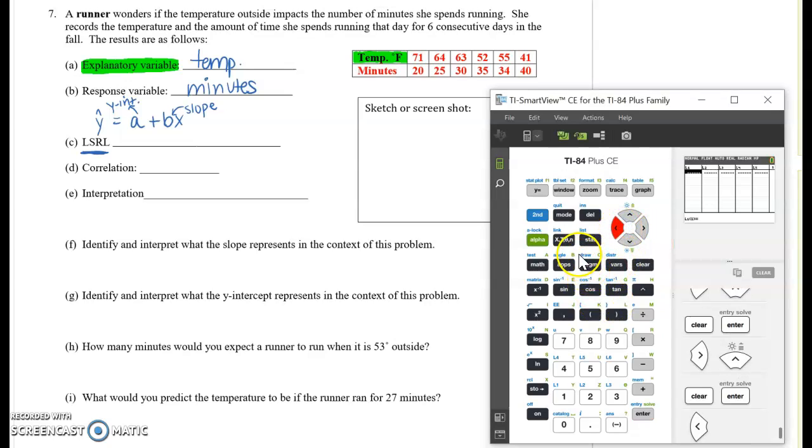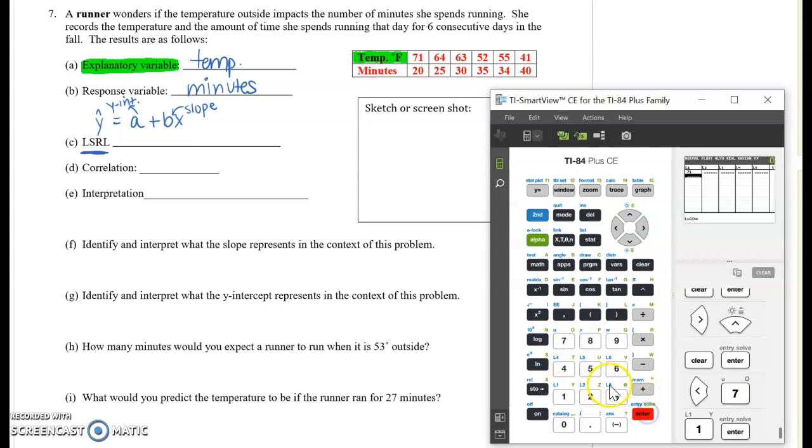So now I'm back to my calculator. I can start entering my data into L1. Okay, so now I have my L1 with temperature and my L2 in minutes.